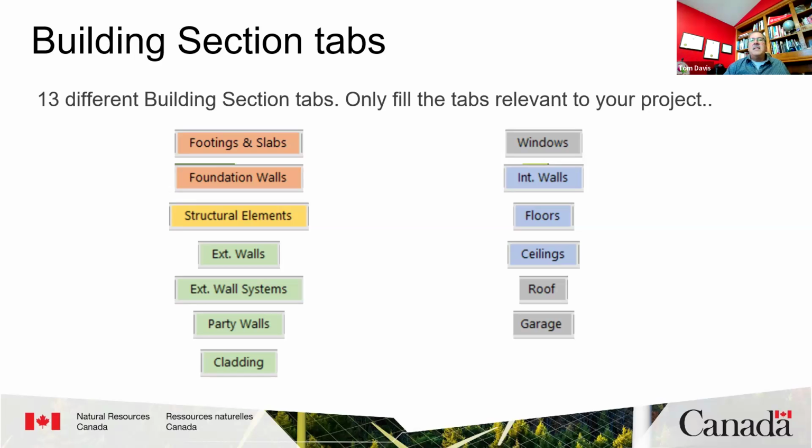It could be as simple as comparing windows, if new windows are the only work on the project, or it could involve entries on multiple tabs. For example, roof, exterior walls, and foundation if insulation is being added in all 3 assemblies. And on a retrofit, you would want to add insulation in all 3 assemblies.